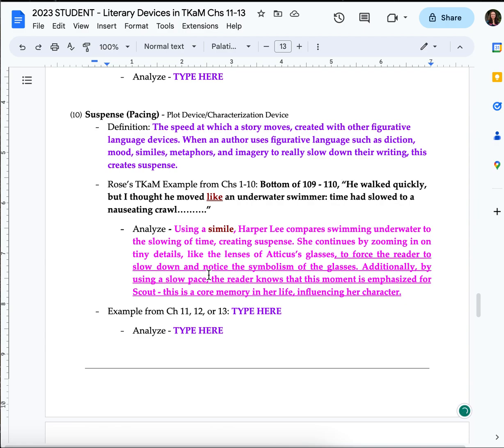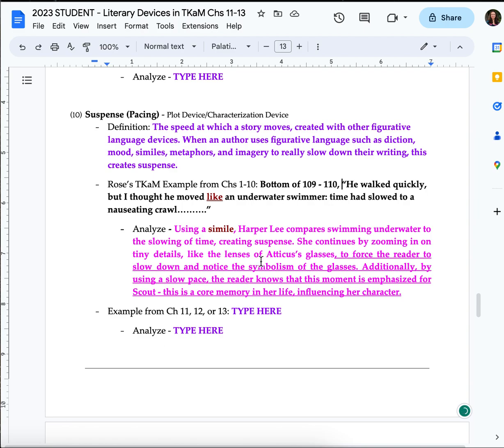She continues by zooming in on tiny details like the lenses of Atticus's glasses to force the reader to slow down and notice the symbolism of the glasses. So I've connected to my previous analysis. Additionally, by using a slow pace, the reader knows that this moment is emphasized for Scout. This is a core memory in her life, influencing her character.